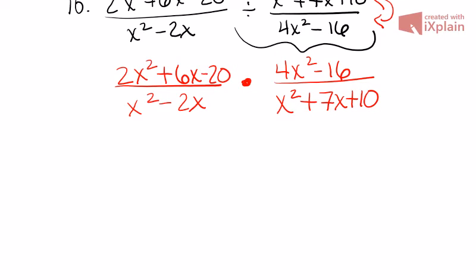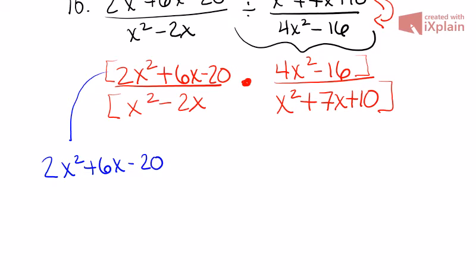Looking at this, you kind of want to go piece by piece. So factor this part, factor this part, factor this part, factor this part. It's like 4 separate problems right now. So going to do this part. If I have 2x squared plus 6x minus 20, I look at this and I say, okay, 2 times negative 20 is negative 40.